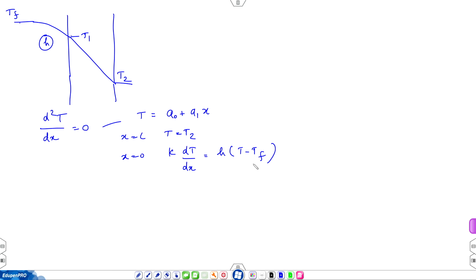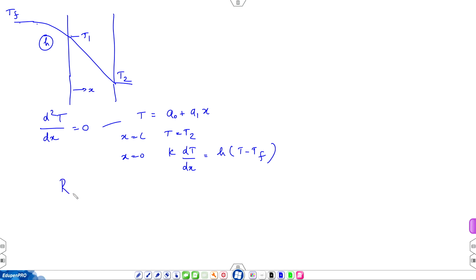Now, one can assign a thermal resistance to the heat transfer coefficient also. See, this h is causing a reduction in Tf from Tf to T1. So, you can think of a resistance in between the far field of the gas medium and the wall, that is the left plane of the wall, which is x equal to 0.